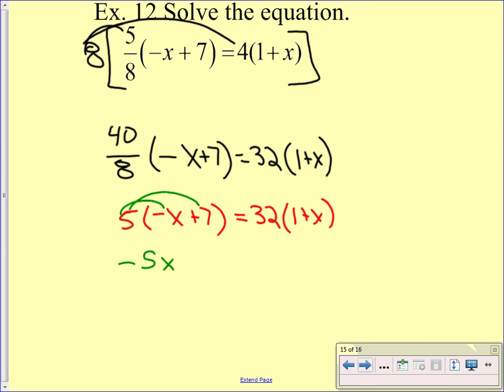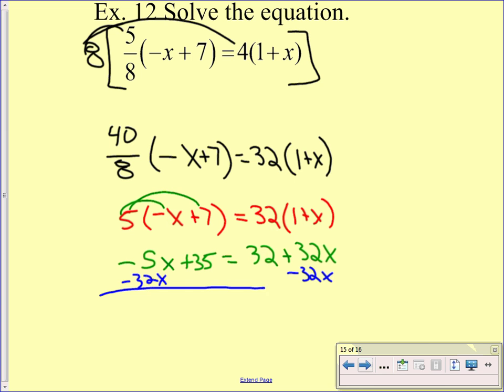So negative 5x plus 35 equals 32 plus 32x. Move the variables to one side, the numbers to the other. Subtract 32x. Subtract 32x. So negative 37x plus 35 equals 32.